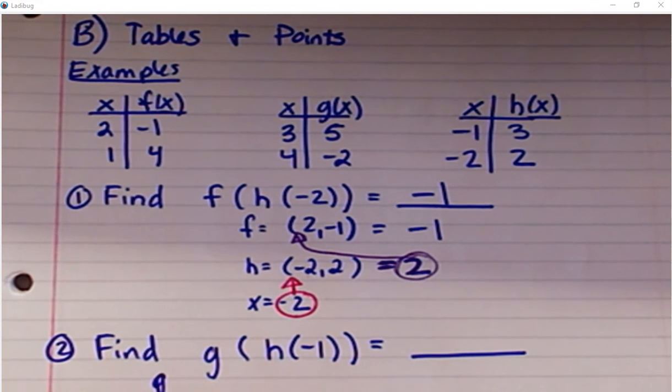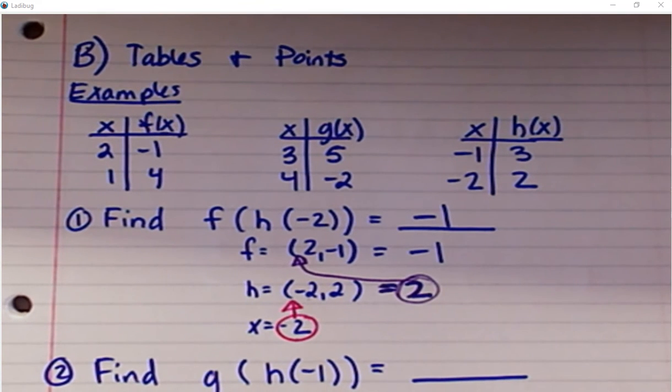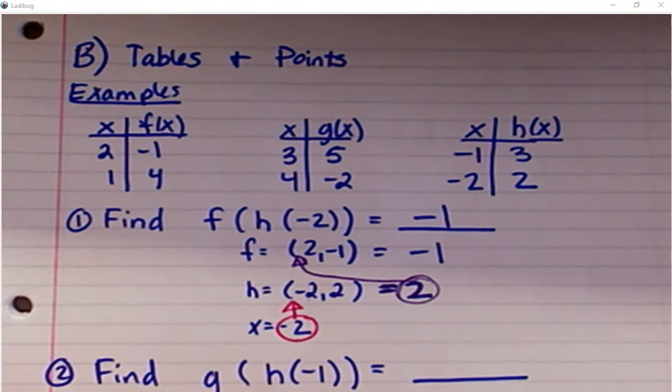G, H. I'm going to set up some work without you being able to see it. I want you to try it, and then I will show you what I did.